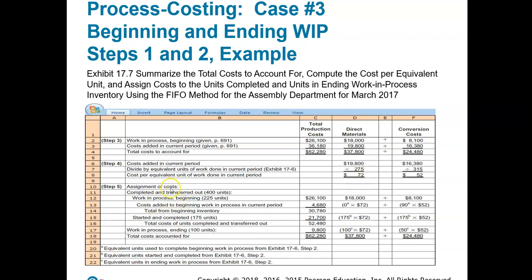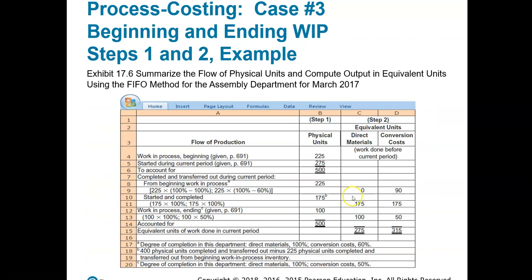Then assignment of cost, step 5. Completed and transferred out units, my work in process. Remember, I had $18,000 of costs in beginning inventory for direct materials and $8,100 worth of conversion costs in beginning inventory. That was my beginning work in process inventory as far as dollar amounts. Now we're going to add the costs added to beginning work in process inventory in the current period. So how much in material cost did I add in? None, because remember, my direct materials had been added in the prior period.